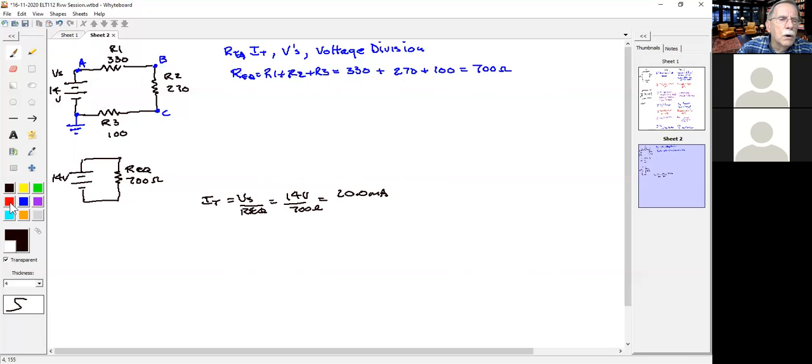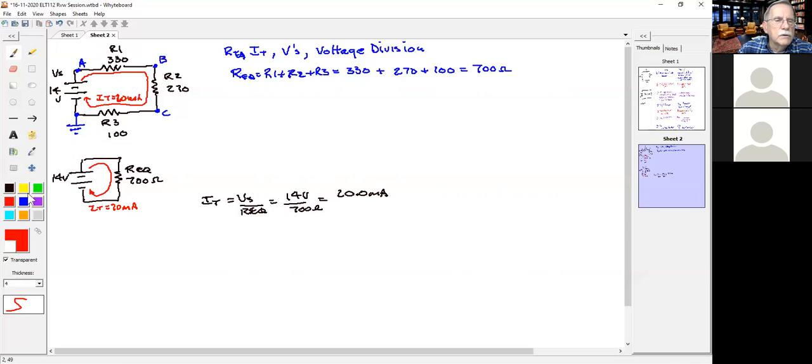So now we know that in this circuit, IT is 20 milliamps. That also means that we have 20 milliamps in this circuit. So now I know the current through R1, the current through R2, the current through R3.